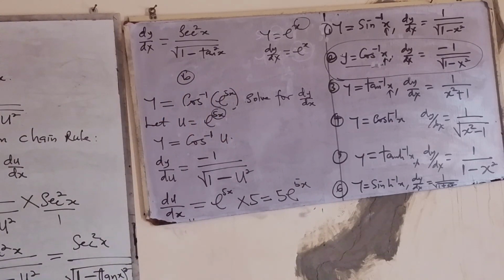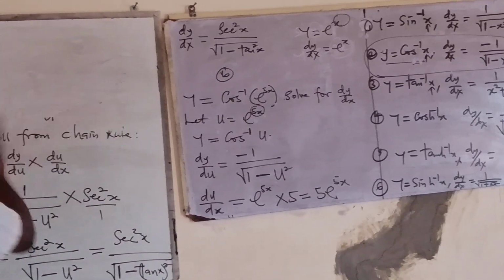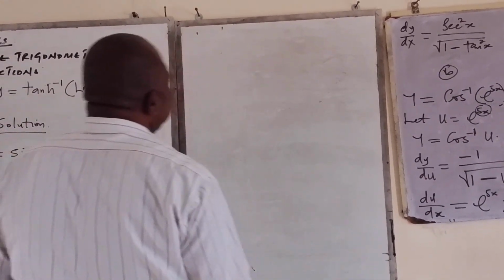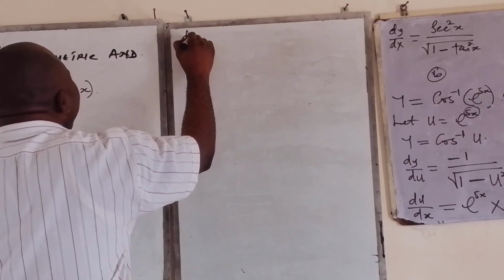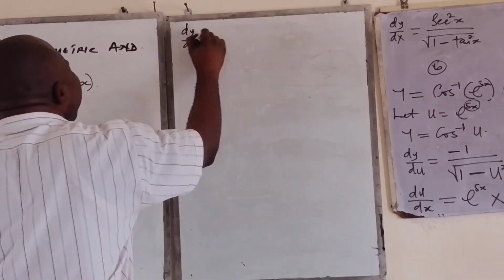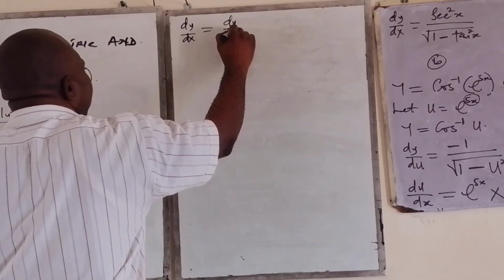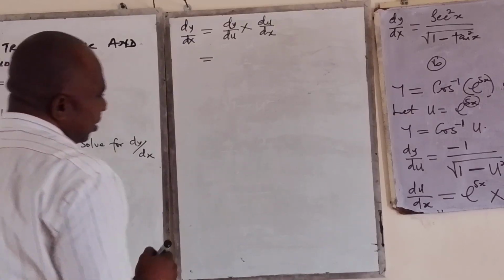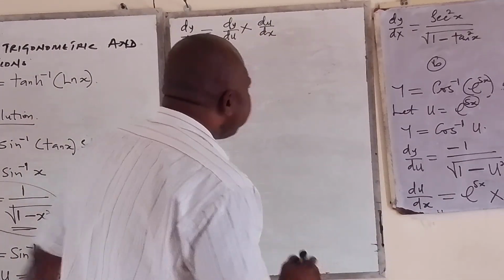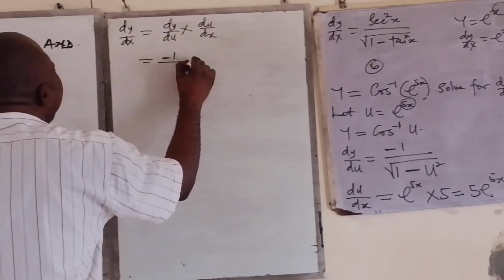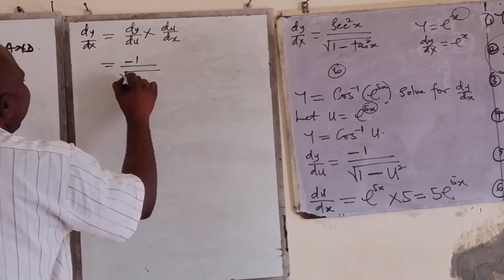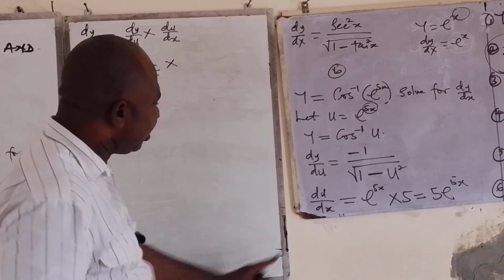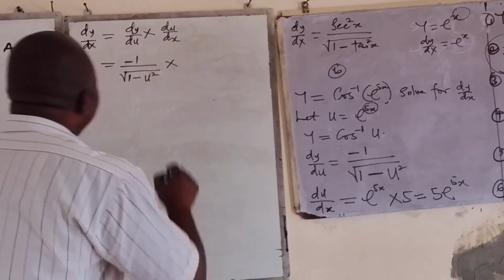Now let's see the value of dy/dx. Now from the chain rule, we said dy/dx is equal to dy/du times du/dx. So that will give us dy/du is minus 1 all over the square root of 1 minus u squared, then we have times du/dx. du/dx is 5 e raised to the power of 5x.